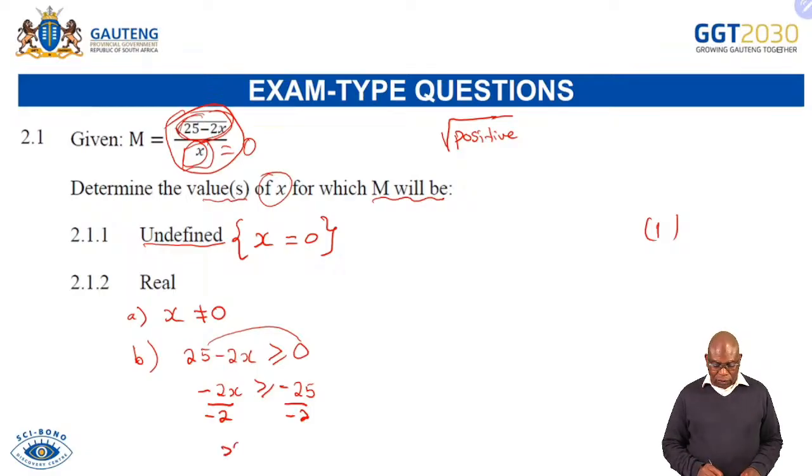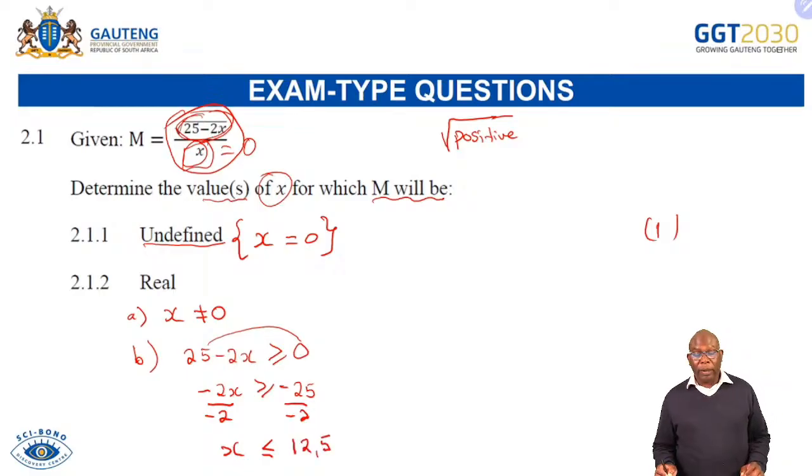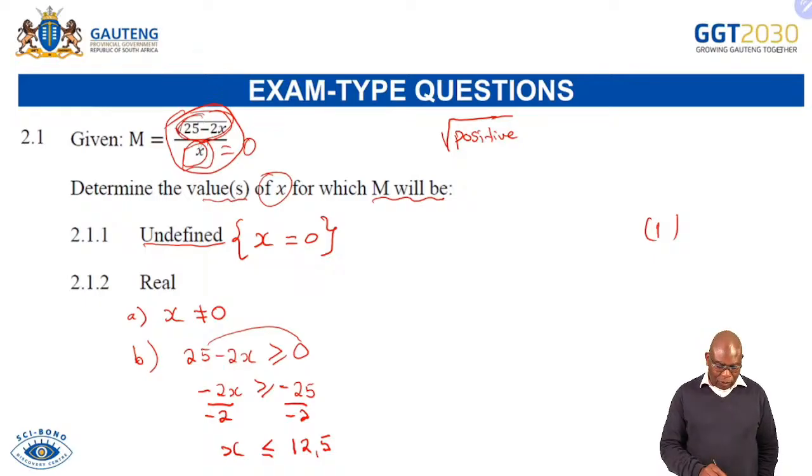So x will be less than or equal to 25 over 2, which is 12,5. So the value of x should be less than or equal to 12,5. And again, x must not be equal to 0. That's where I bring in that one.